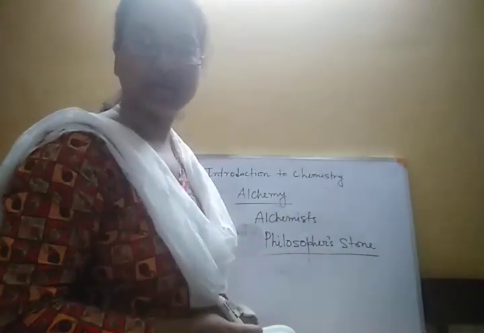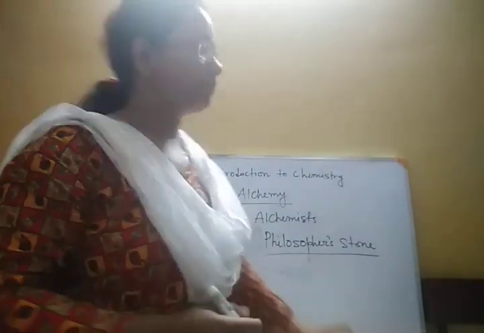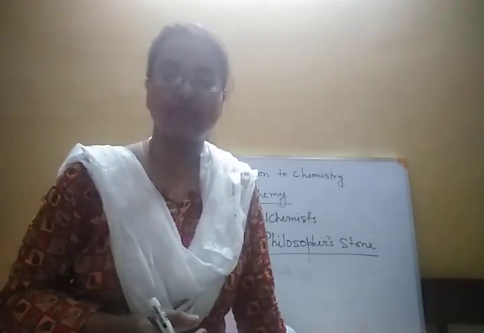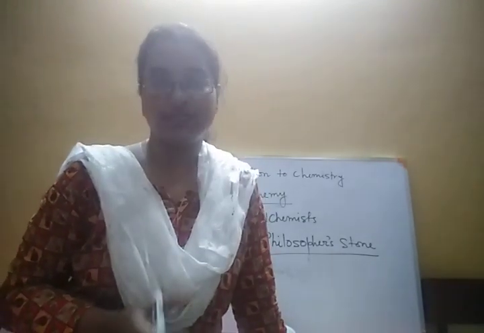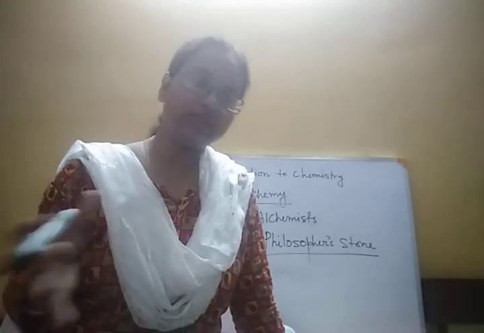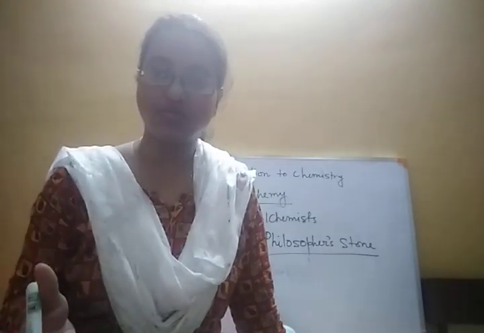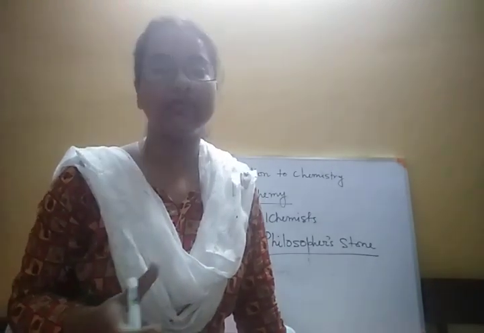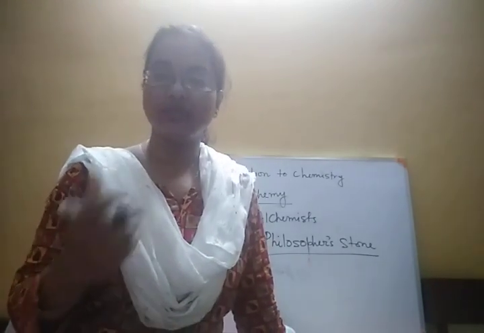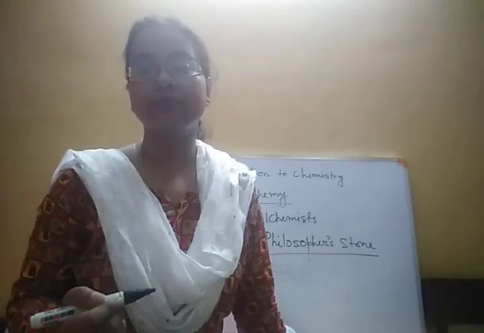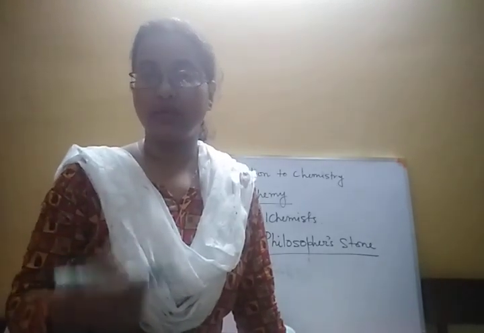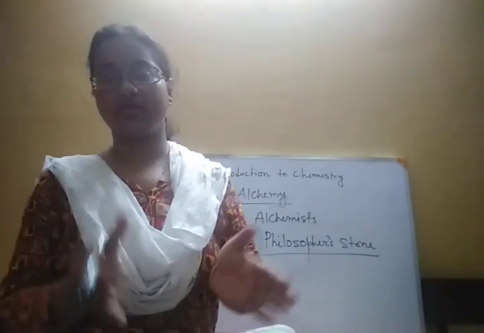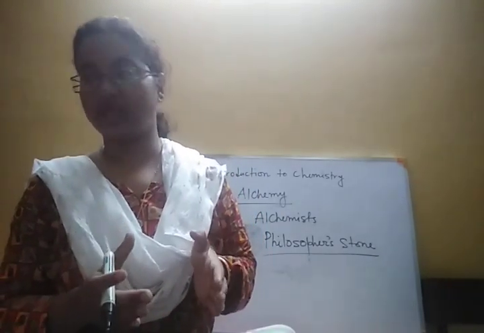Now what is extraction of metal? The metals which we get from different mines are not pure. These metals make one or more compounds, and in compound form they exist. Now from this compound we have to take out the pure metal. The process involved is called extraction of metal.